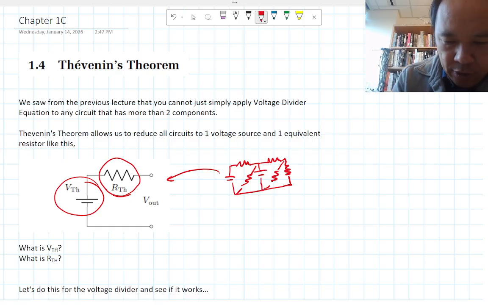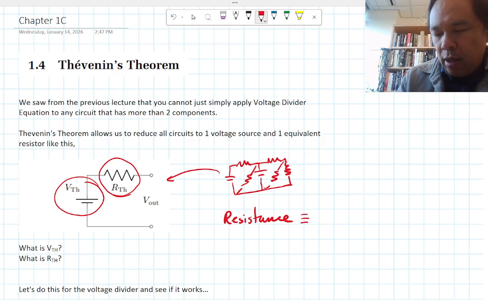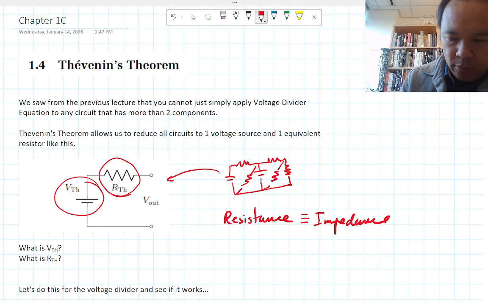Okay, so just so I can write these words down: resistance, right, which is what this R stands for. I'm going to start kind of equating these two words, impedance. Okay, just so that we're not confused about it. Resistance is used when you're dealing with resistors, and this is very useful for direct current circuits.